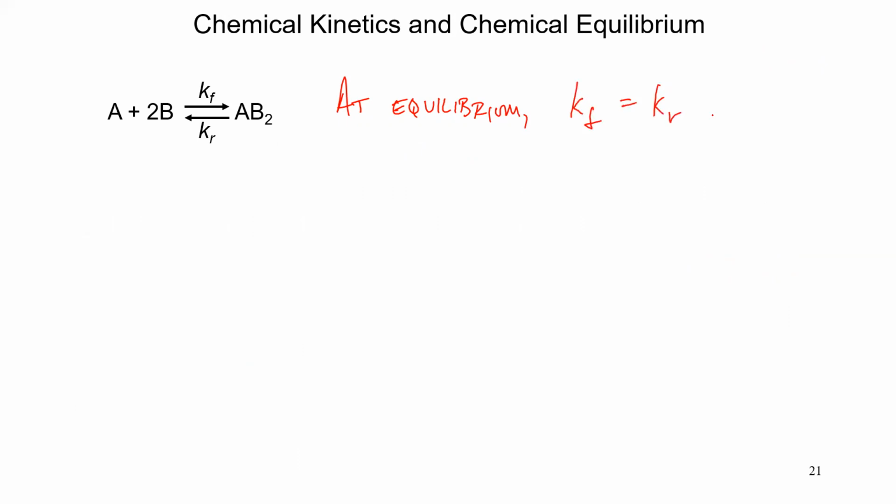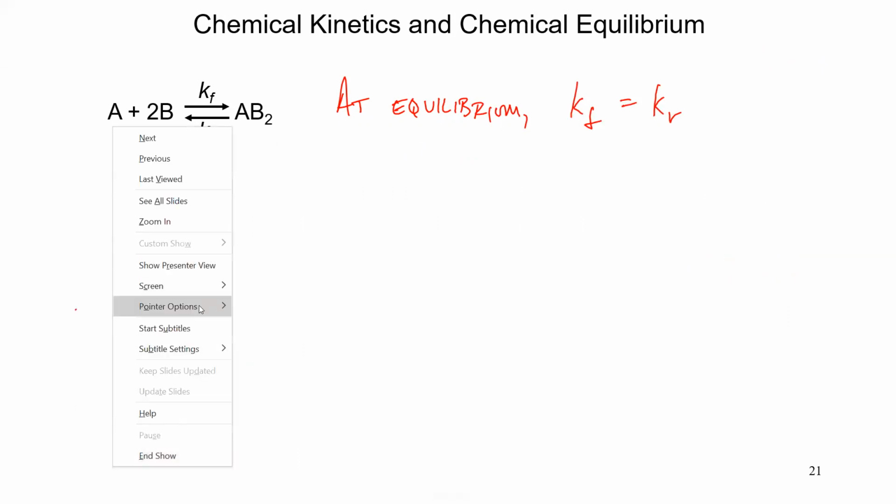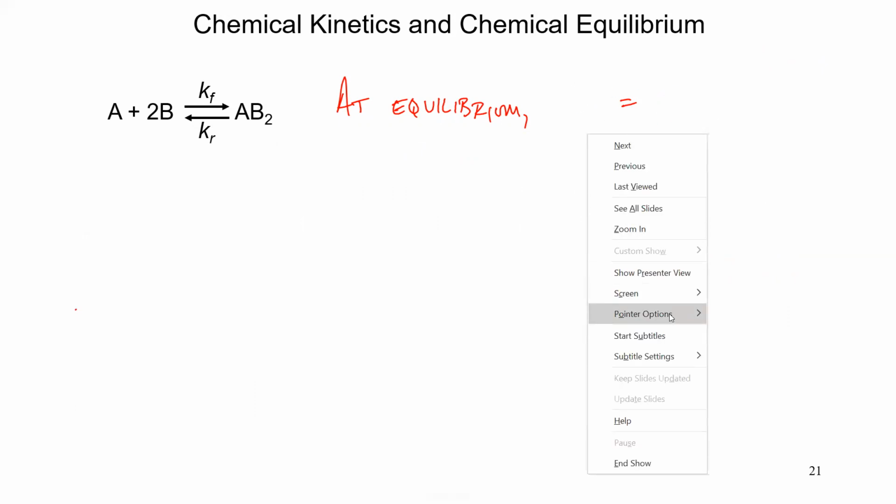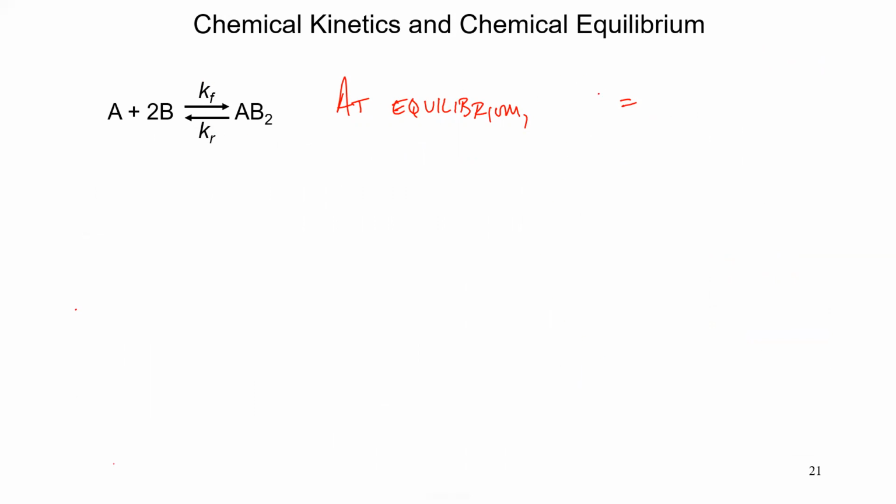Right? Oh, sorry, that's not true. I put it here, and I made myself a note, and I ignored it. It's not Kf, it's the rate forward equals the rate reverse. Okay? Those rate constants can be very different from one another, but the rate itself is what's equal.